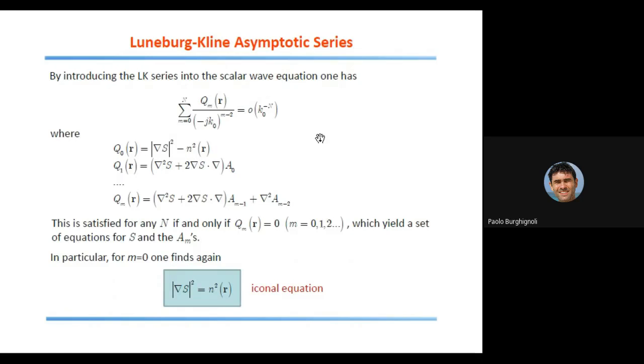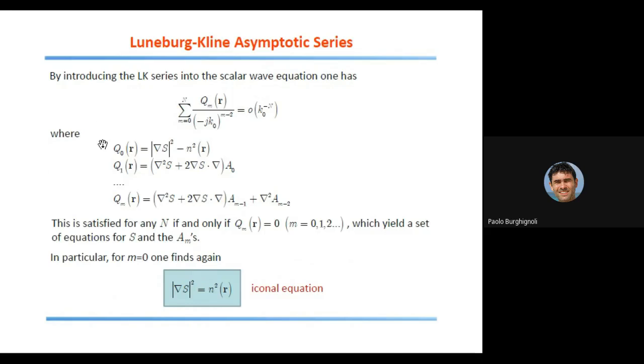Okay, if you introduce this series inside the Helmholtz equation and you perform some algebra, you will discover that the following must be true. That is, the sum for the index m, which goes from 0 to capital N, of Q_m over (minus jk0) to the m minus 2 must be a quantity much smaller than k0 to the minus N, where the numerators Q_m are defined as here in the center of this slide.